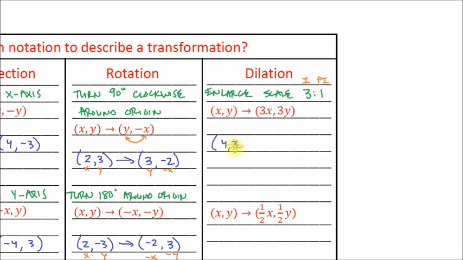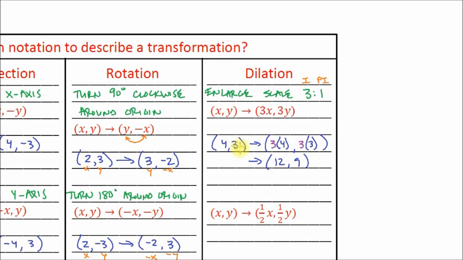If you start off with the original point (4, 3), it's going to be multiplied by 3. So 3 times 4, 3 times 3. You can see that both coordinates are getting multiplied by 3, and so our final answer is going to be the coordinate (12, 9).